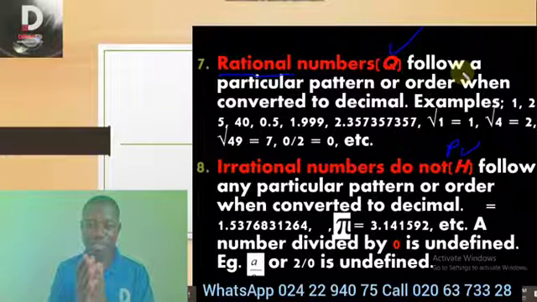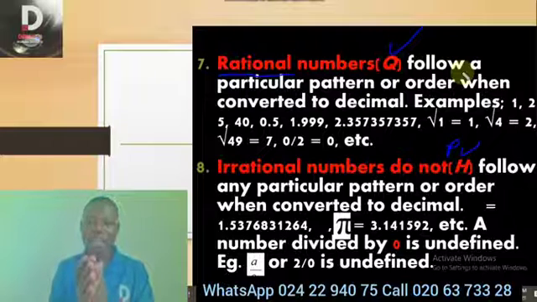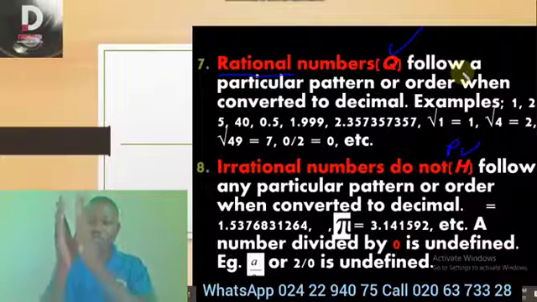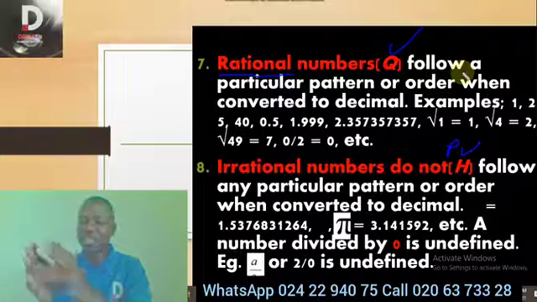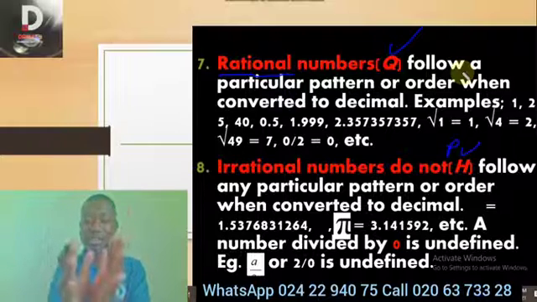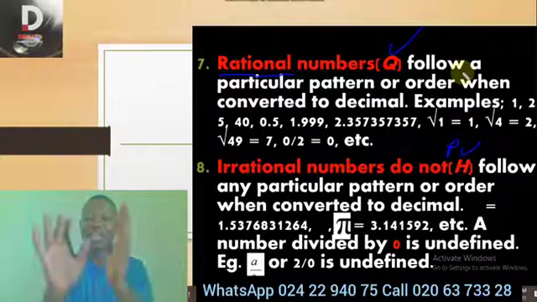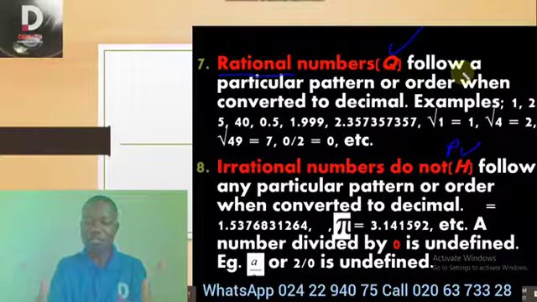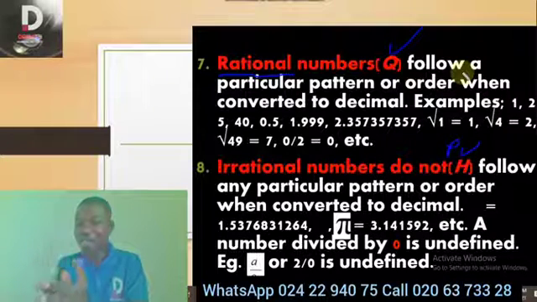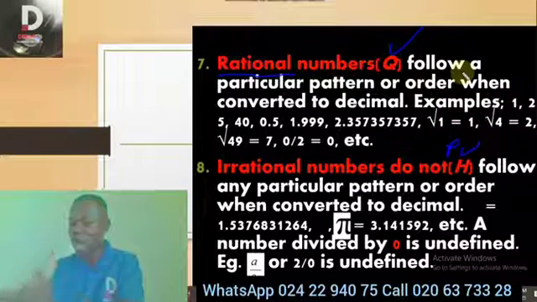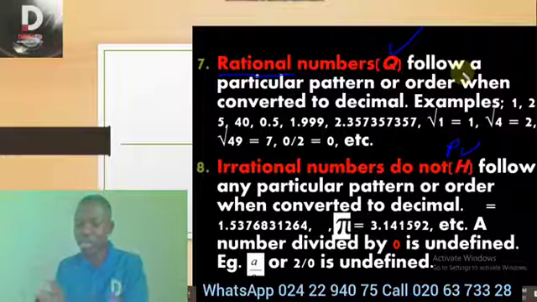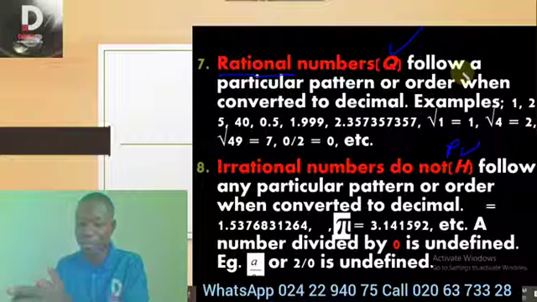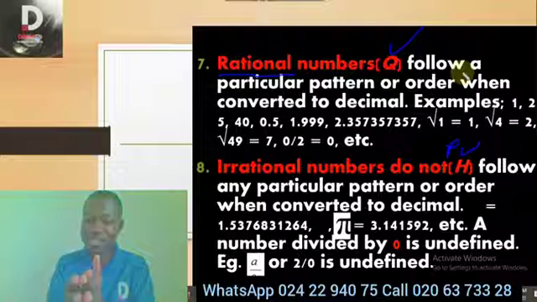Either they repeat a particular order or pattern, or the number itself is terminated. That number is rational. It makes sense, because you can use it to interpret something. Because it follows a particular order, you can tell how the pattern is going and what is likely to happen. That is why it makes sense.